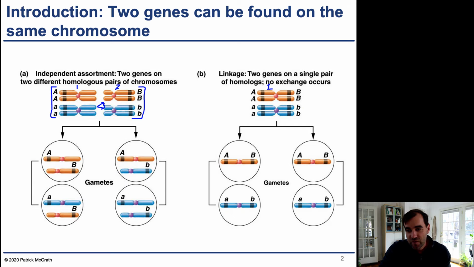Whatever you get from the parents, so this was the chromosome that you got from your mother, this might be the chromosome you got from your father, whatever that original combination was, it would be impossible to switch it around. In the case of complete linkage, you would see two gametes that have your mother's combination, and two gametes that have your father's combination.